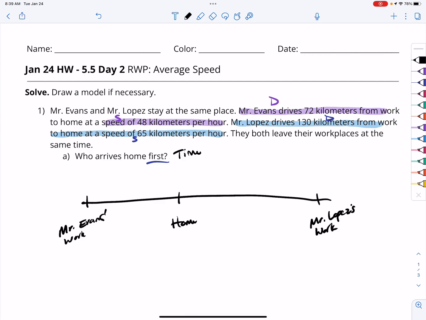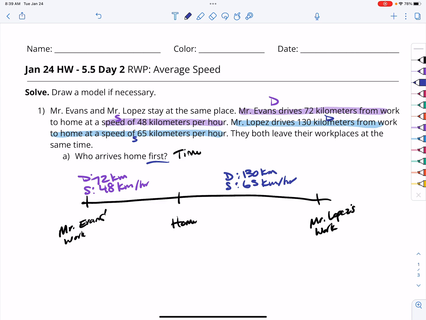I know that this distance is 72 kilometers. I'm going to put that in purple because that's his color. 72 kilometers is that distance at a speed of 48 kilometers per hour. And then Mr. Lopez drives a distance of 130 kilometers at a speed of 65 kilometers per hour.